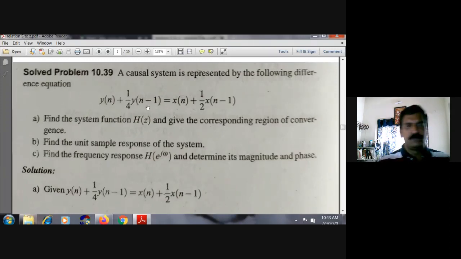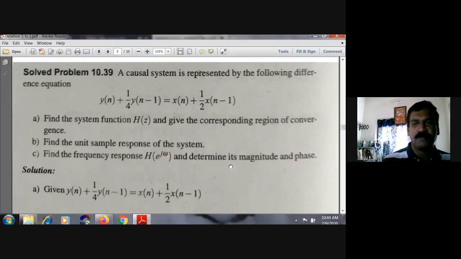First you find H(z), then the second question is to find the unit sample response of the system. And the last one is to find the frequency response, that is H(e^jω), and determine the magnitude and phase.